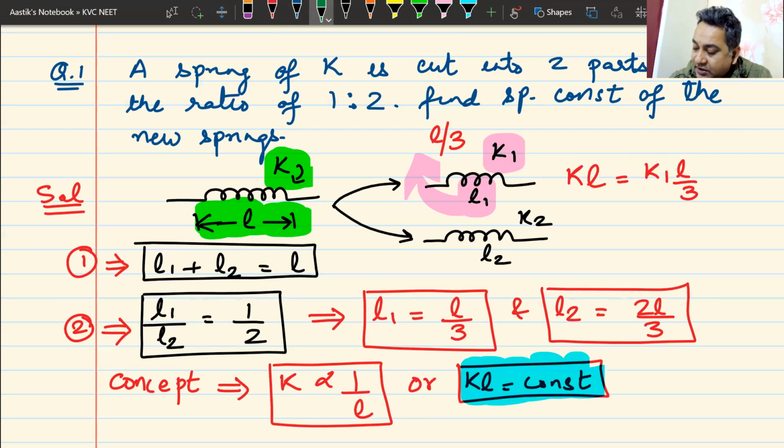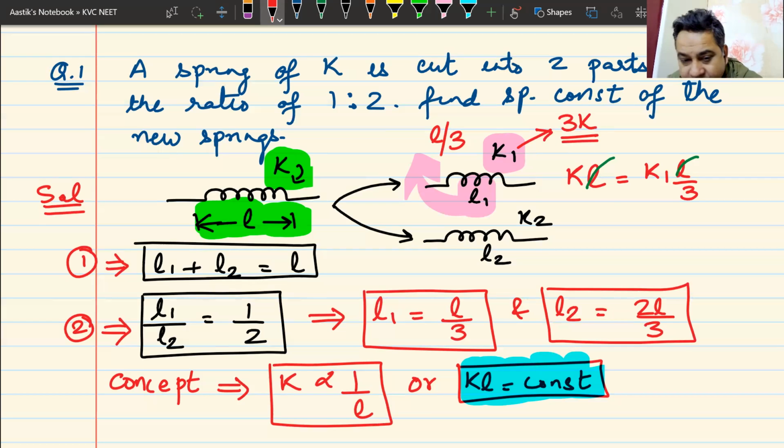Cutting the obvious part out, that is L, I will get the value of K1. What will be the value of K1 from this equation? Anyone? K1, yes, beta, would be equal to 3 times K.